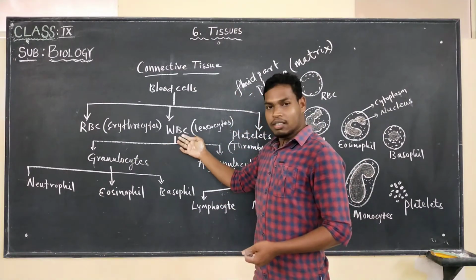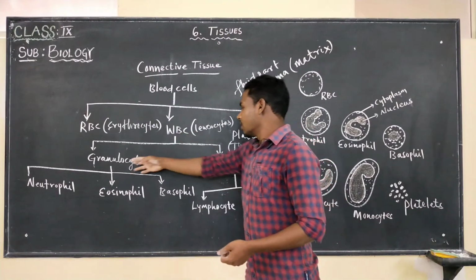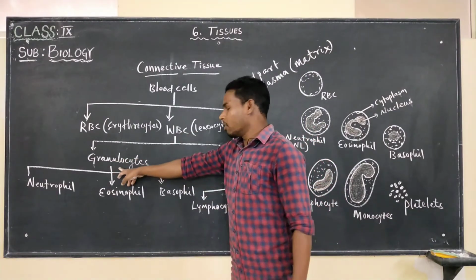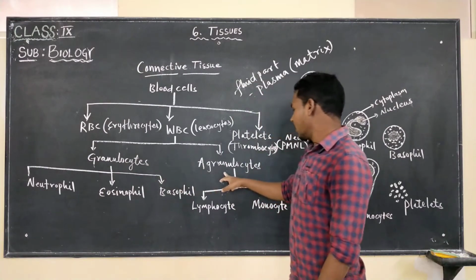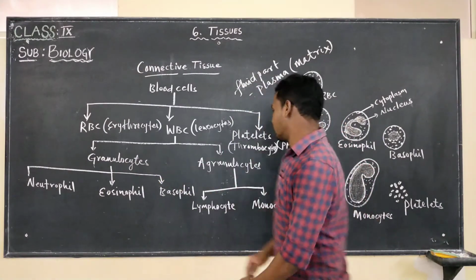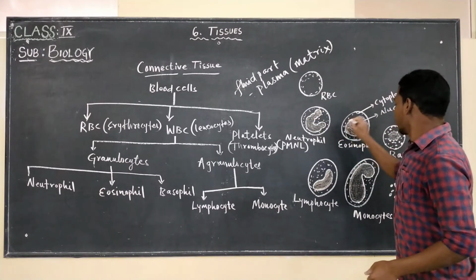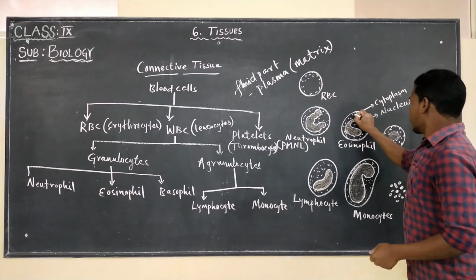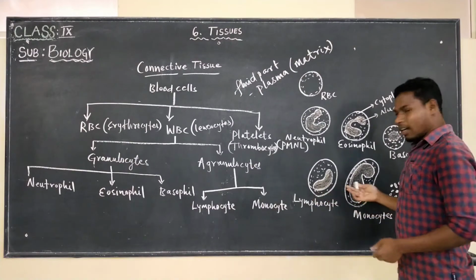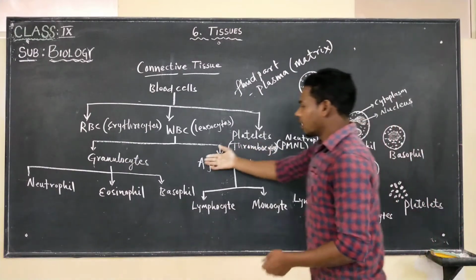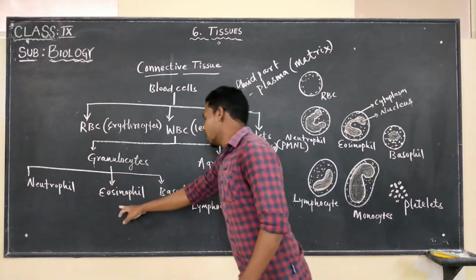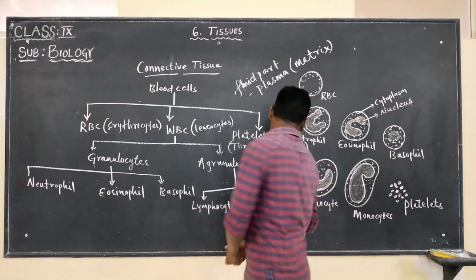The next that we are going to see is WBC. WBC are divided into granulocytes and agranulocytes. Granulocytes are neutrophil, eosinophil, and basophil.